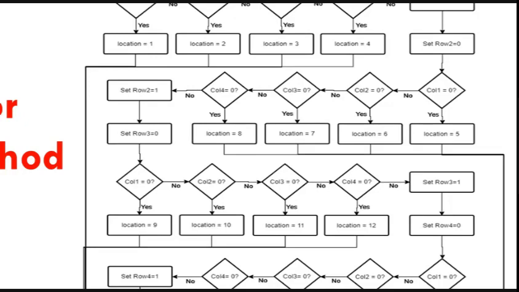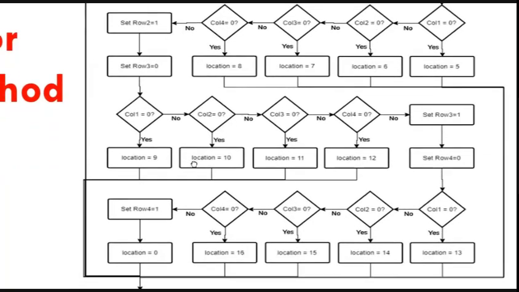If the condition results in not true or false, you go to the fourth row. Do the same thing: row 3 you set to 1, and then you go to the fourth row and set it to 0.